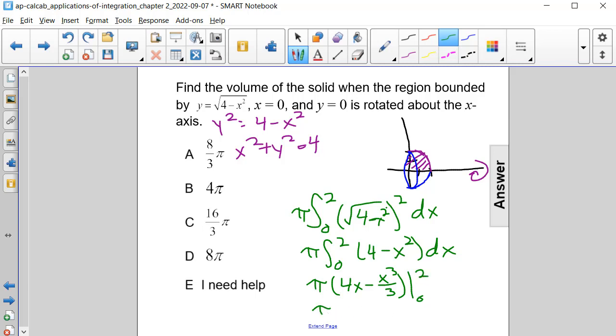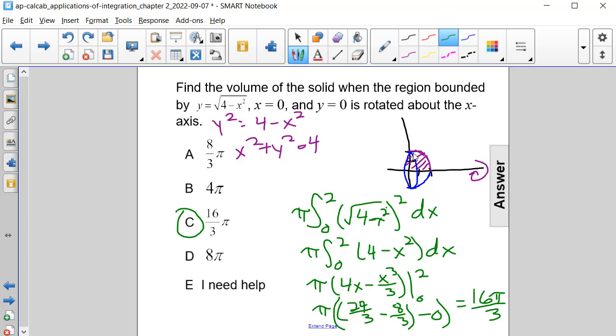So we'll still have pi out in front, and we'll have 8, which is 24 thirds, minus 2 to the third is 8 thirds, and then minus, if we substitute 0 into both of these terms, we end up getting 0. So we have 24 thirds minus 8 thirds, which is 16 thirds, and then if you multiply that by pi, you'll get 16 pi over 3, or answer choice C.